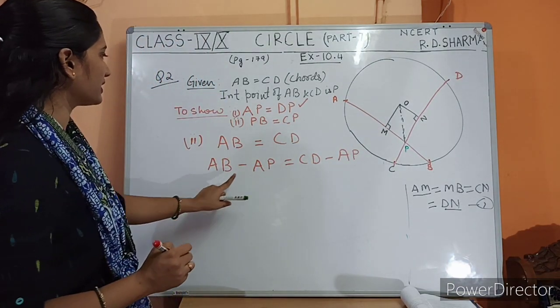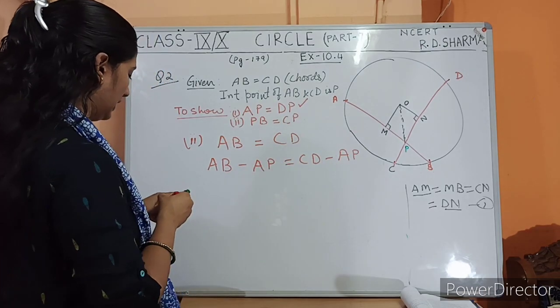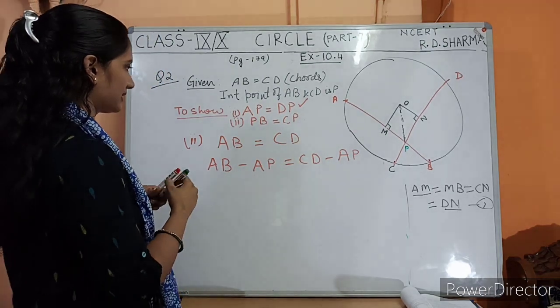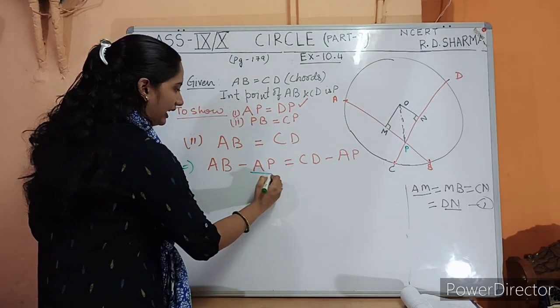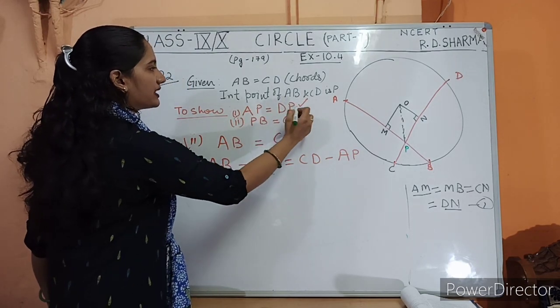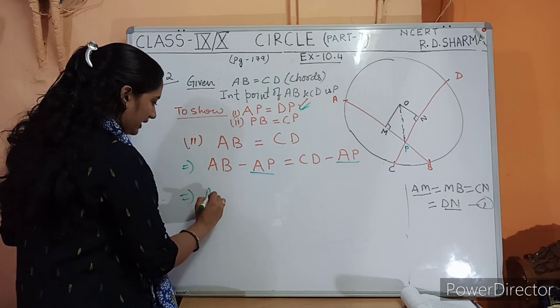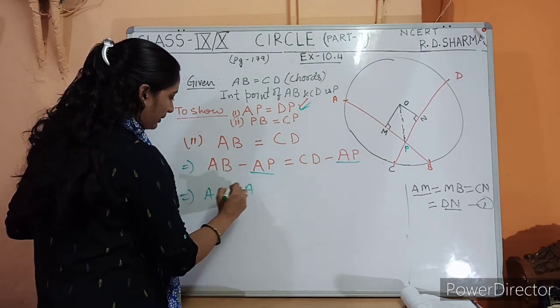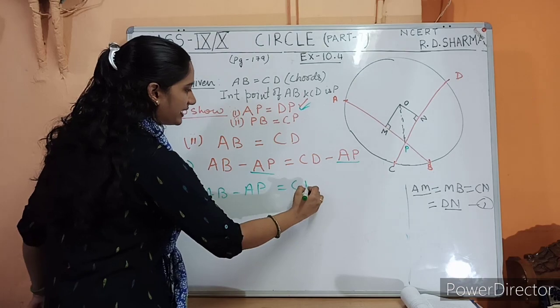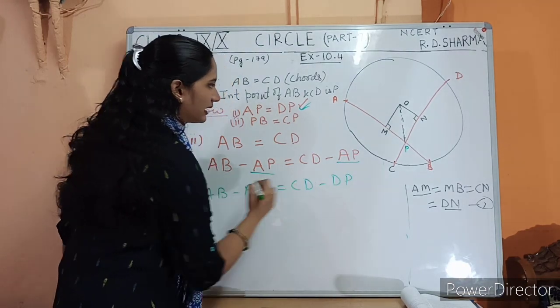Now if I subtract this, what will happen? Look, AP, just now we have proved AP is equal to DP, so I will replace this AP with DP. So AB minus AP must be equal to CD minus DP.